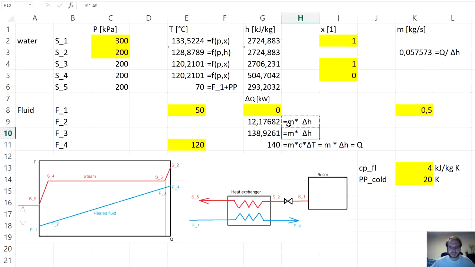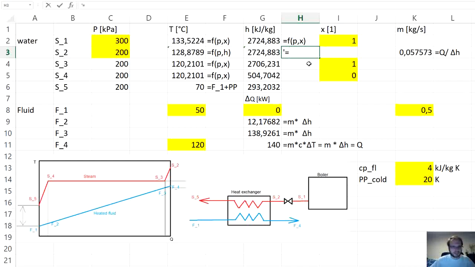Let's also finish this so that it's complete, and I have also noted, just to make it clear, I will also fill in the enthalpies here. So this was enthalpy based on pressure and quality.